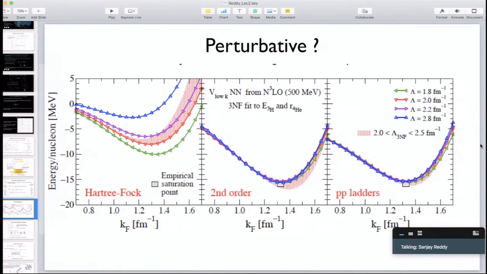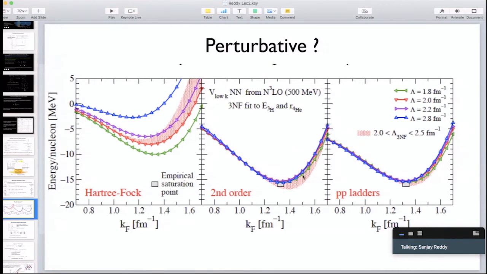But of course, we want our answers to be independent of this cutoff, which means that we have to go to some method where you sum a class of diagrams, or maybe have a strategy that includes all diagrams to ensure that your answer is independent of the cutoff.